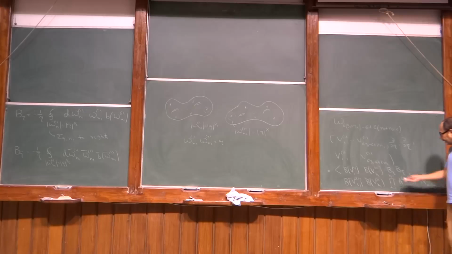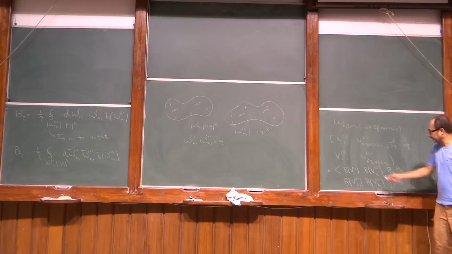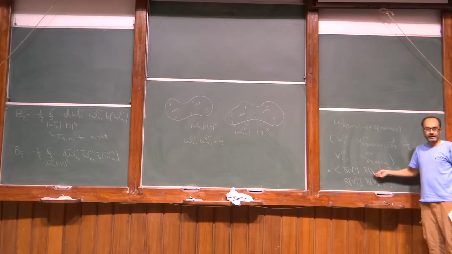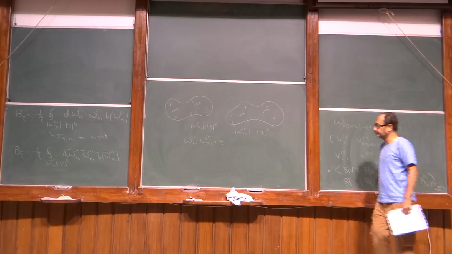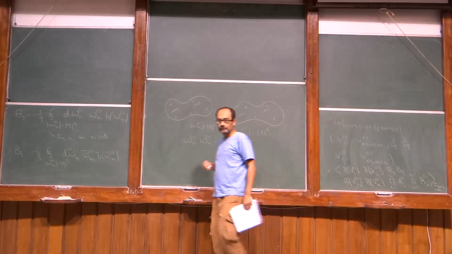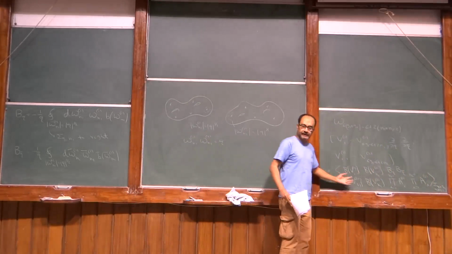Okay, and the main analysis that we did last time was to derive these factors B_q and B_q bar. These are the B's that you have to insert corresponding to tangent vectors ∂/∂q and ∂/∂q bar. These are of course induced from the tangent vectors of the original surface Sigma g1 n1, and this is from the original surface Sigma g2 n2. Okay, so this is where we had arrived roughly last time.